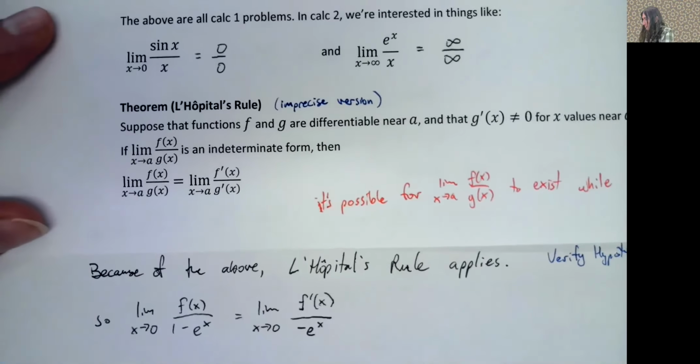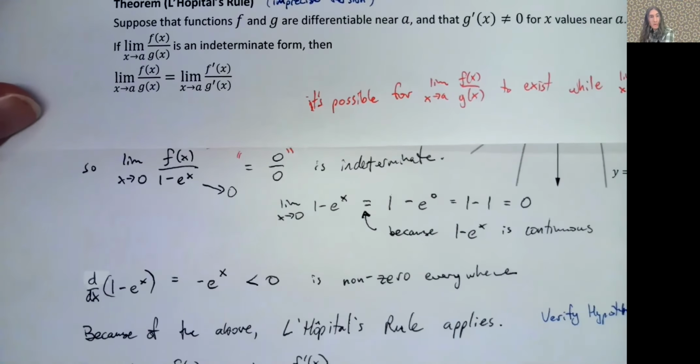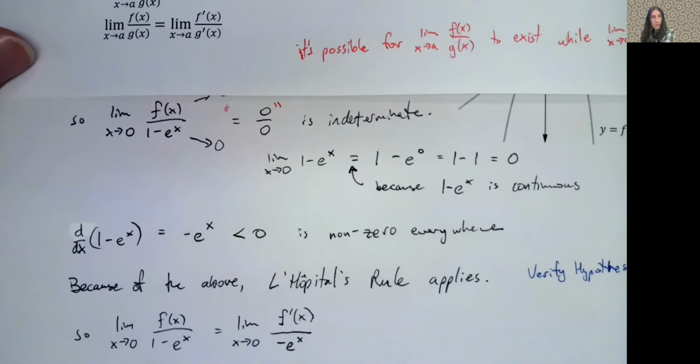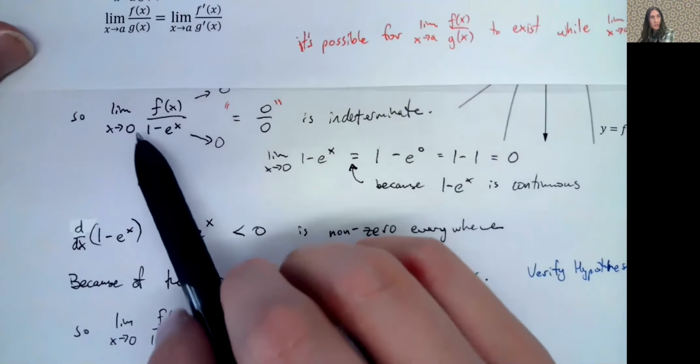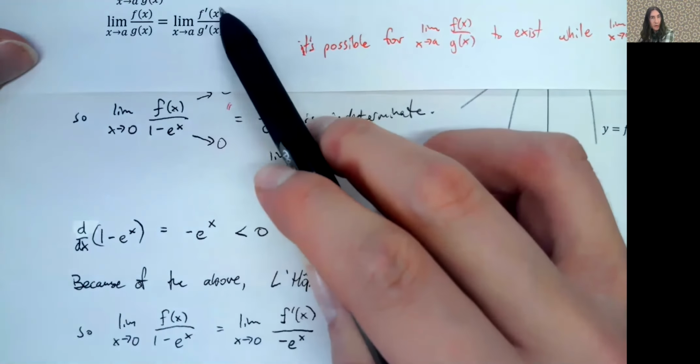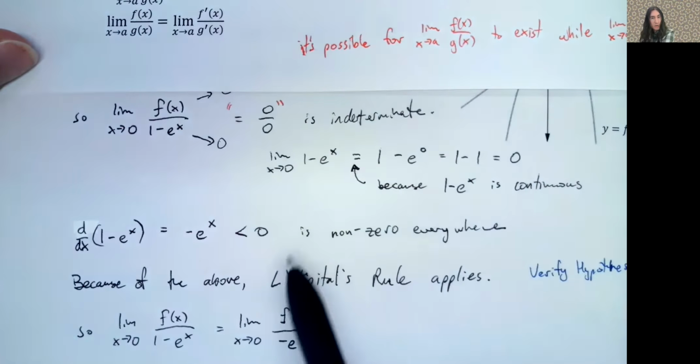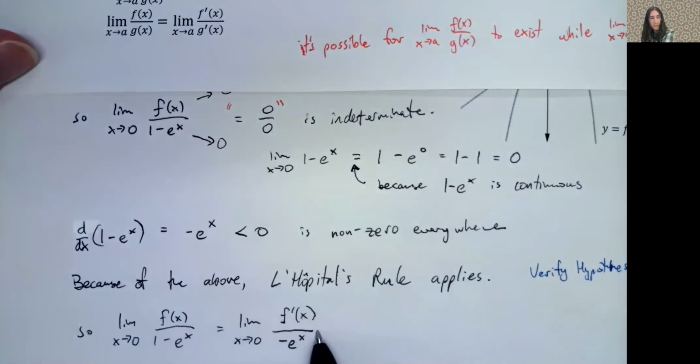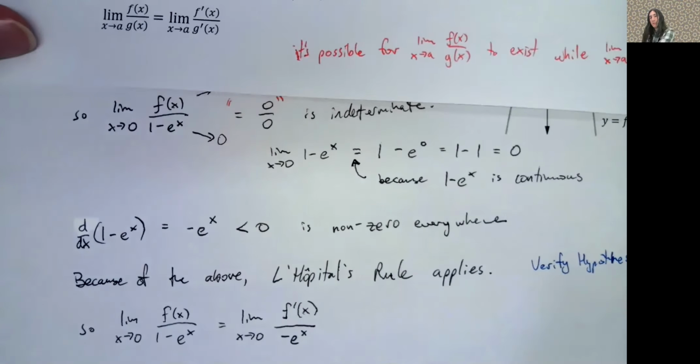Take a look at that. All I'm doing there is taking this limit right here, that's f over g. So on the right-hand side here, I replace it with f prime over g prime. So there's the derivative of the numerator, it's f prime. There's the derivative of my denominator.